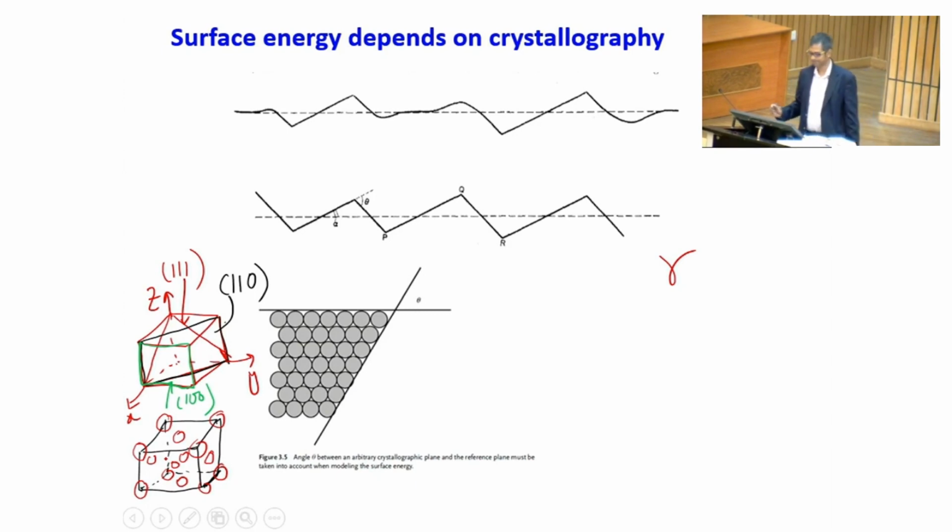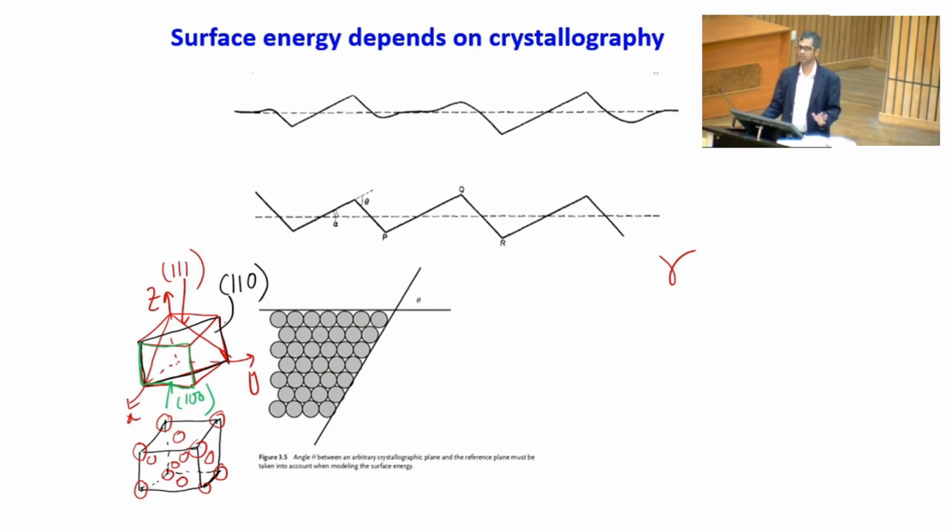Now, you tell me, if the origin of gamma is bond breaking, and I consider the first surface, that is this one, the green one. How many bonds are broken? So, you can count 1, 2, 3, 4 and 5. 5 atoms are sitting on the surface, correct.